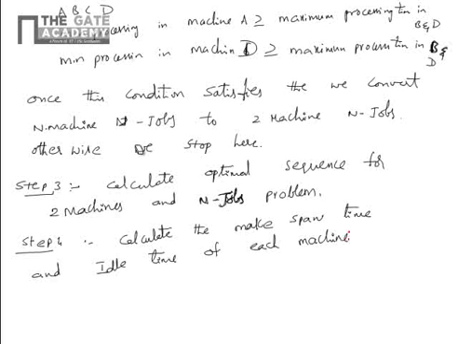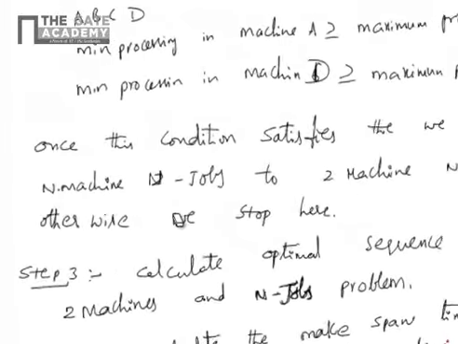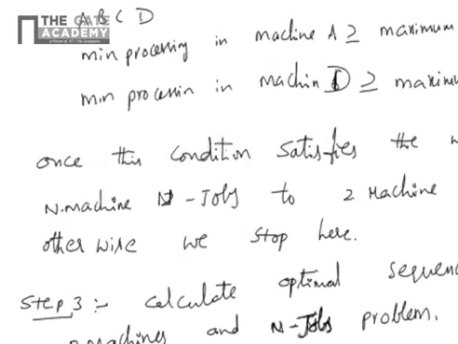So we do one problem, n jobs and three machines, then it will give us a clear picture. So generally here, in a GATE exam, they won't give more than three machines and n jobs.